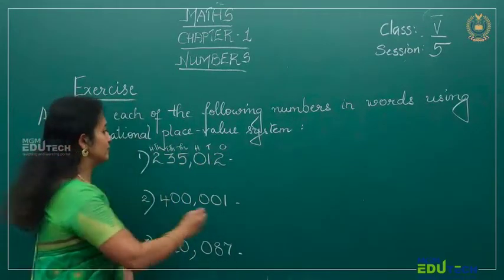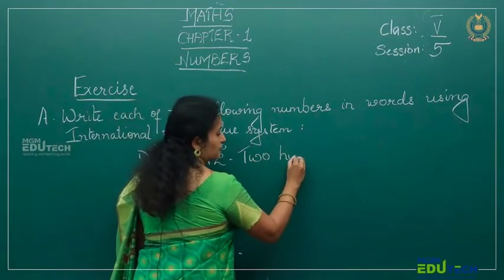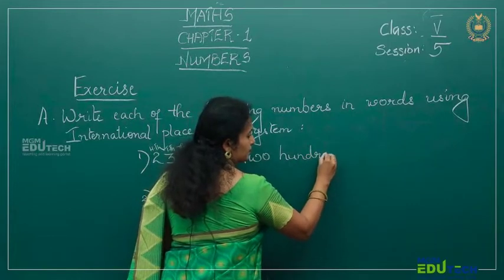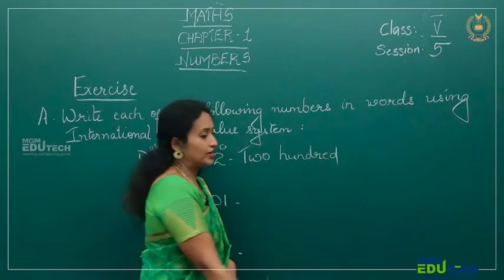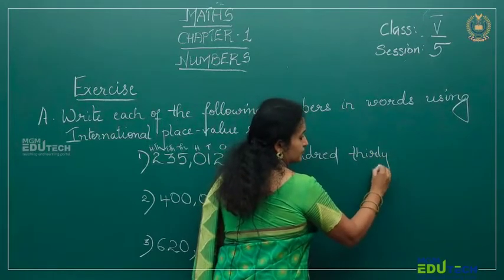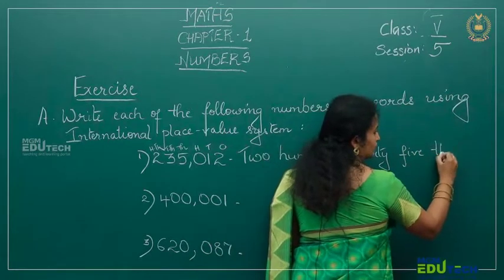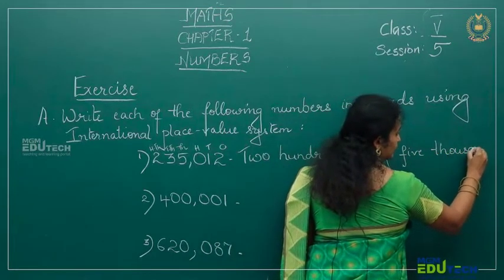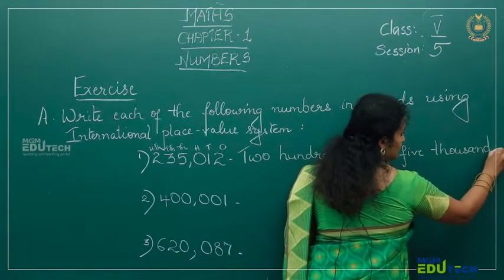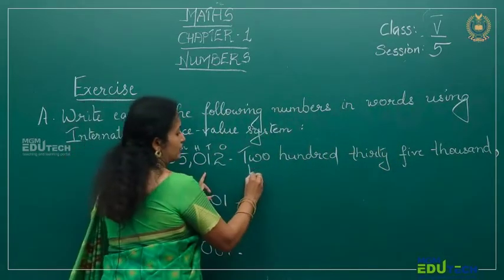Correct. So write down 235,000. So a thousands period is over, so put a comma. 235,012.